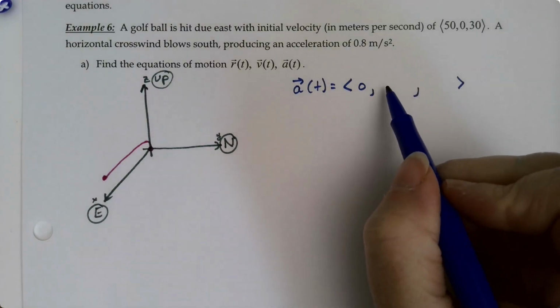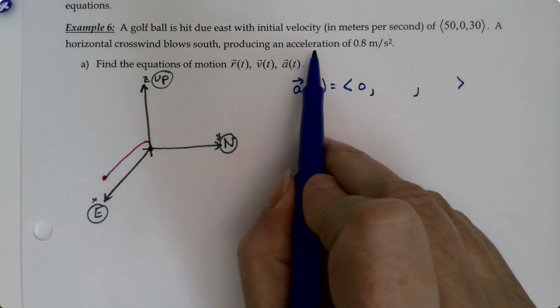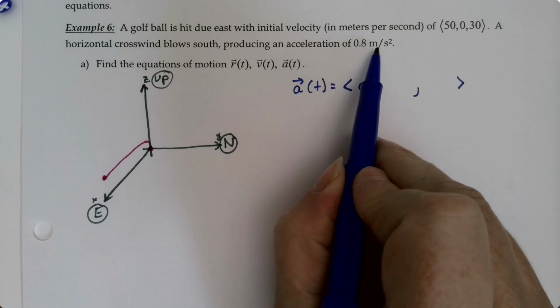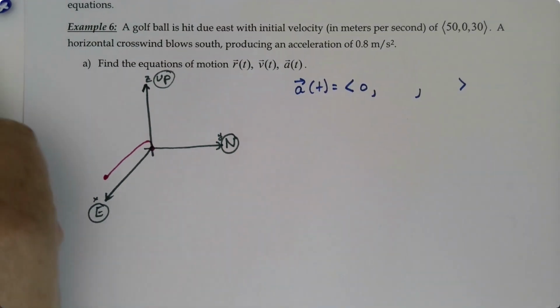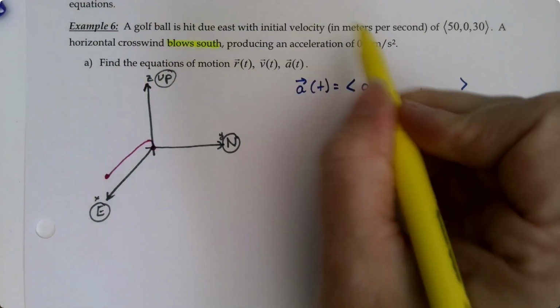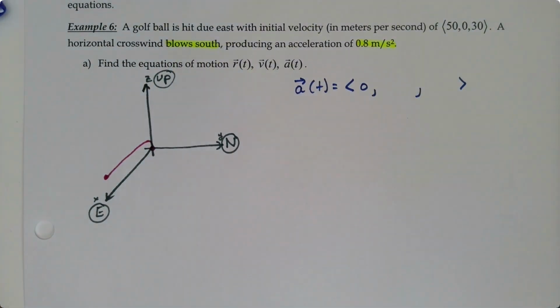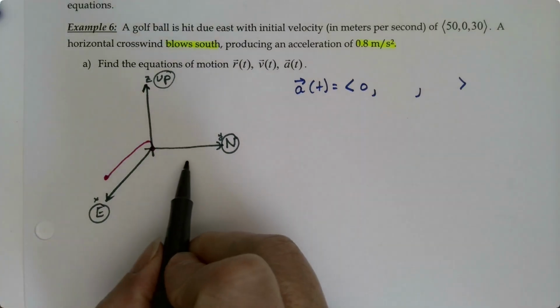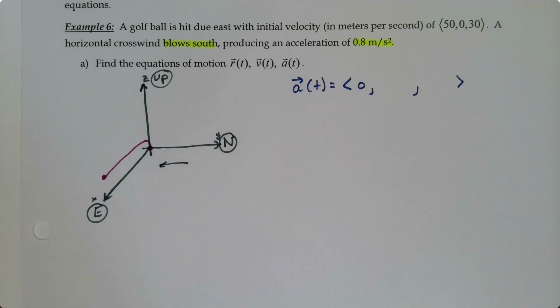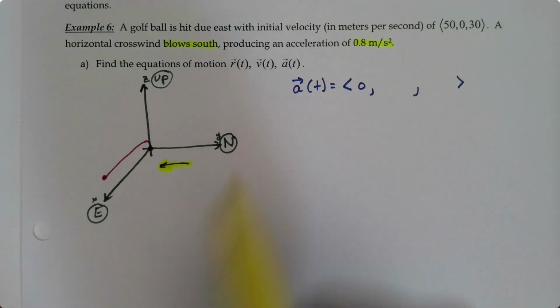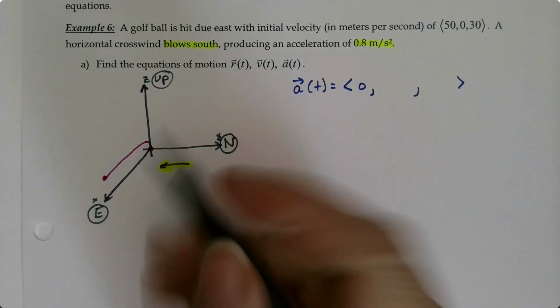Now, the wind is producing an acceleration of 0.8 meters per second squared, but it's blowing south. So if you see that. Okay, so let me give an arrow for the wind here. So it's blowing to the southward direction. So your wind is right here. Right? That's the wind.